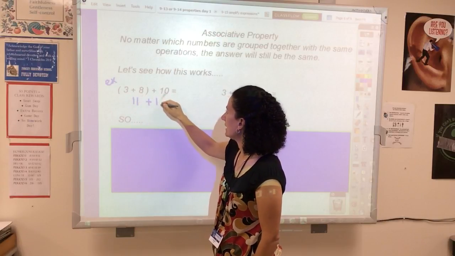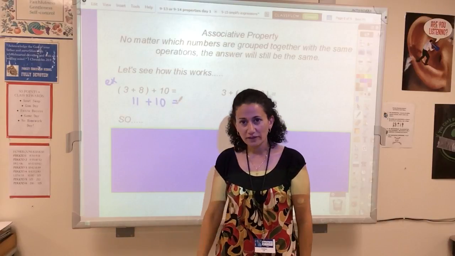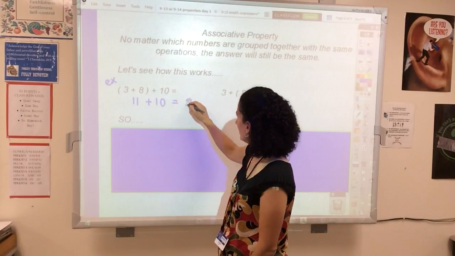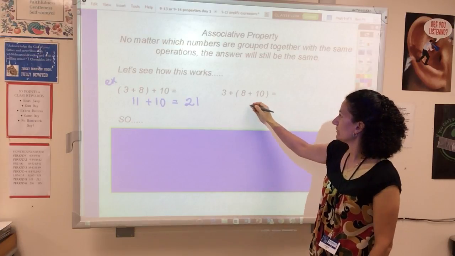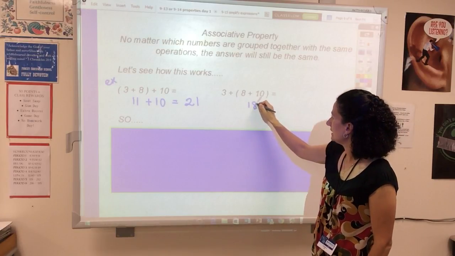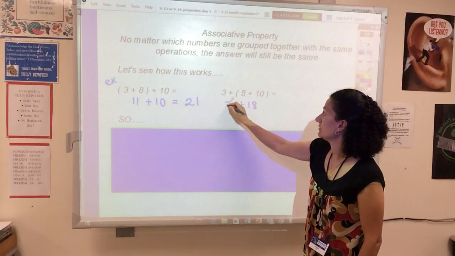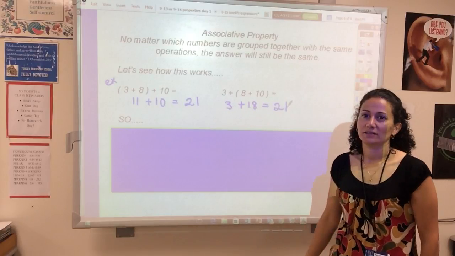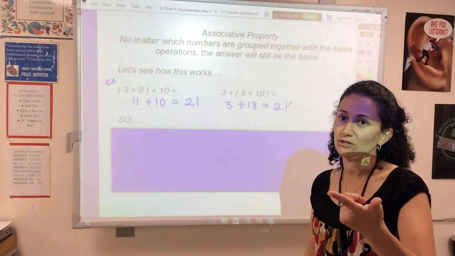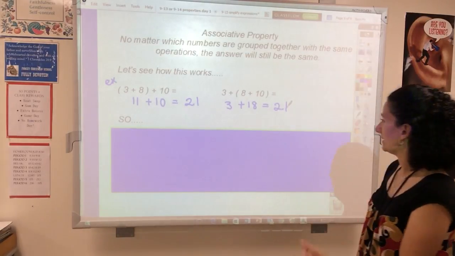And 11 plus 10 is, your favorite number again, 21. And in this example, we have to do 8 plus 10 first. 8 plus 10 is 18. And then we have to add on the 3. And we do get the same number. Go ahead, say it. You know you're trying to sing that song right now. 21.